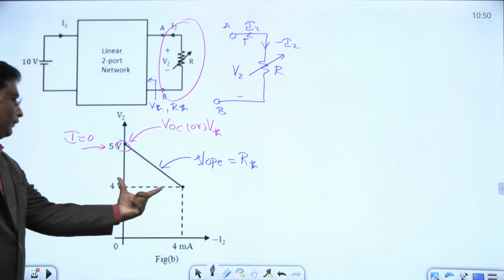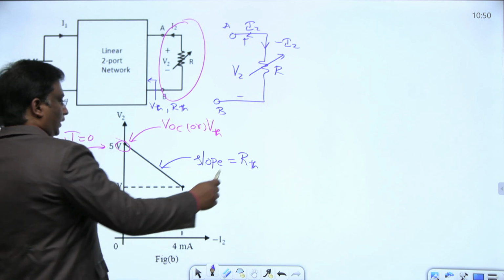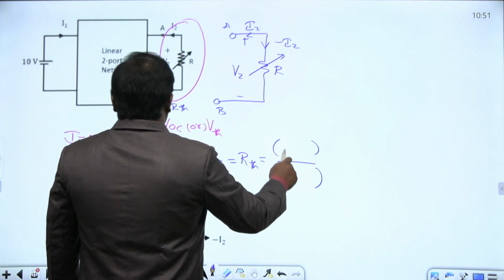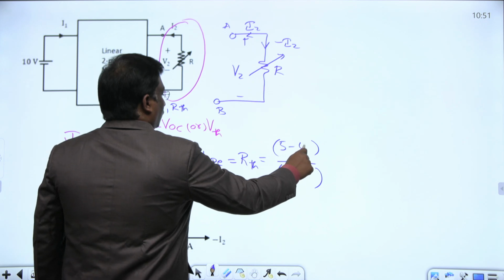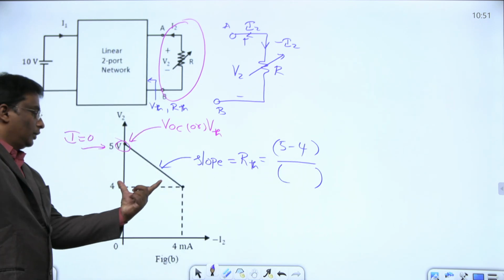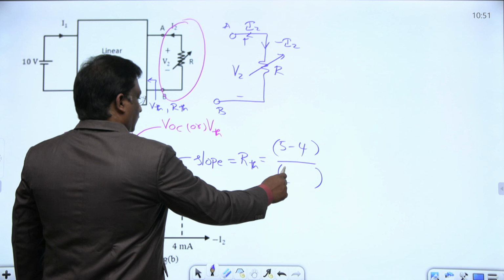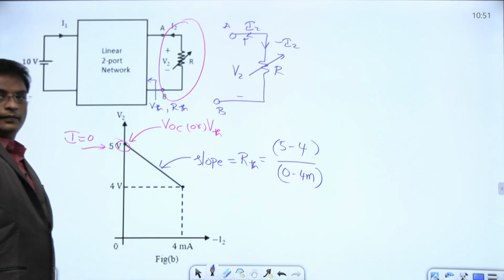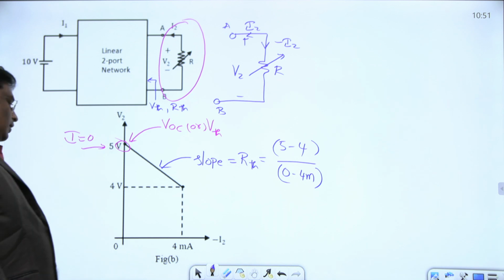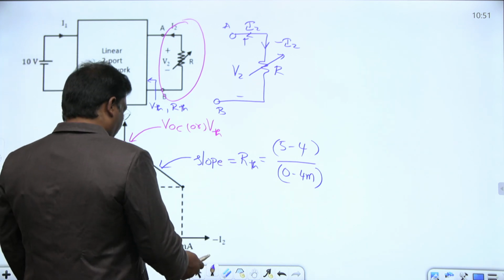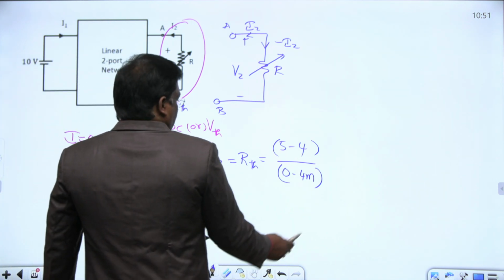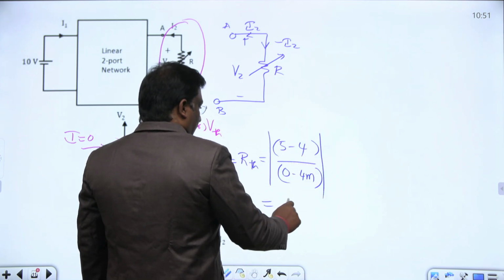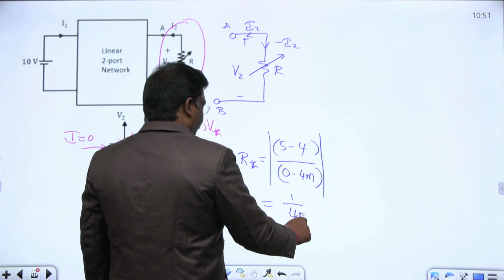Height is 1, width is 4 milli. This is nothing but the slope. Let us calculate the slope. Just take the magnitudes only. The slope will give the RTH. This is 1 by 4 milli.